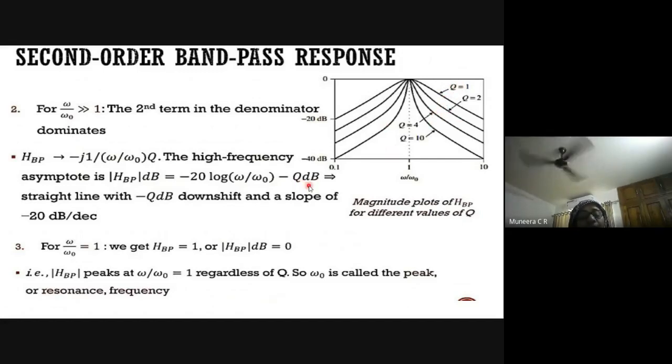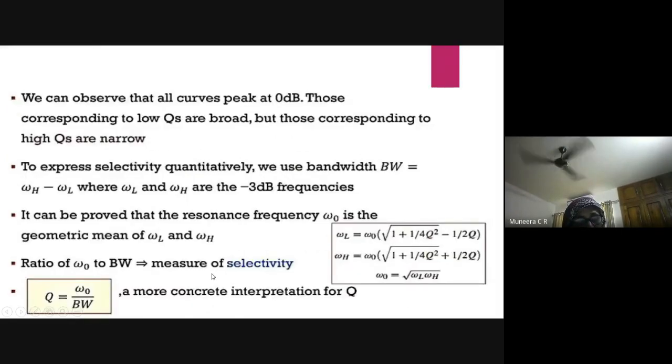If omega by omega naught is equal to 1, we have Q. It will peak regardless of the value of Q. For low Q, the frequency response is broad, while for high Q, the frequency response is narrow.